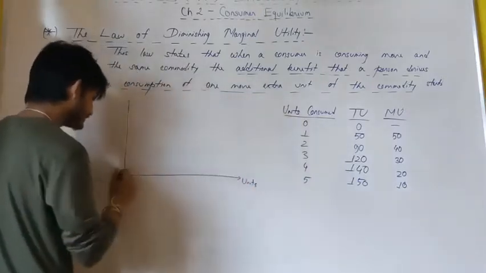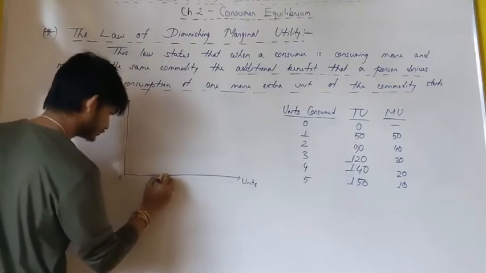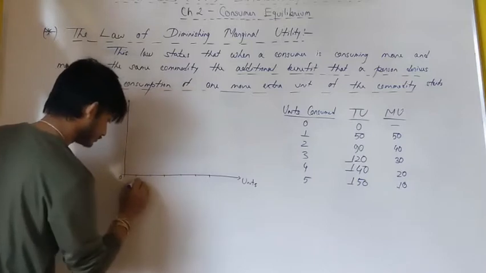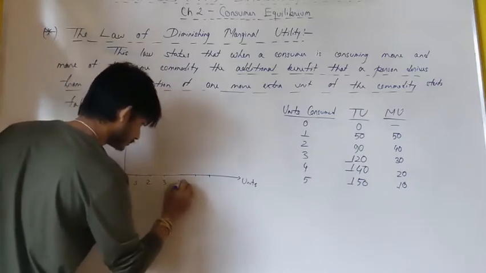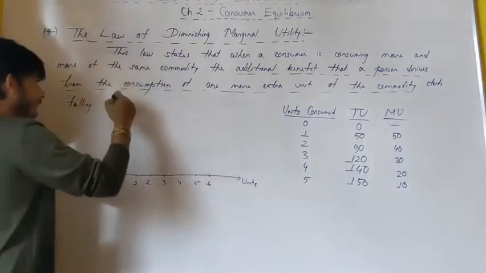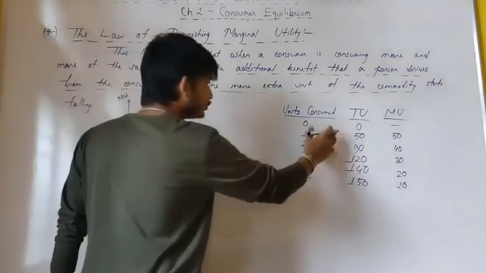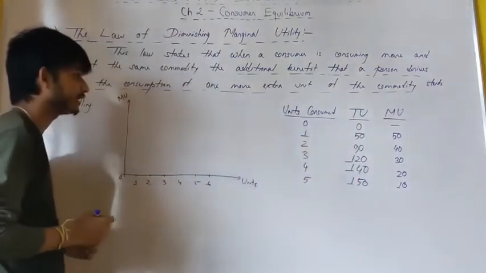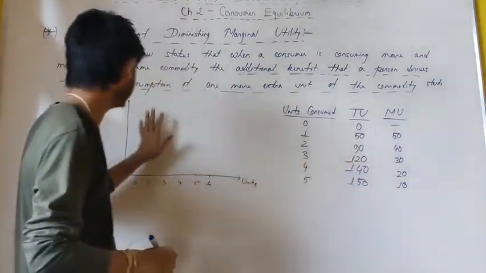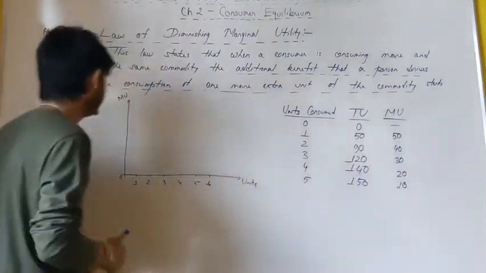In the horizontal axis, we will measure units consumed, and in the vertical axis we will just take marginal utility. No need to draw total utility, but for the sake of this table we have to make the total utility column, but here in the diagram we will just fill up this marginal utility.